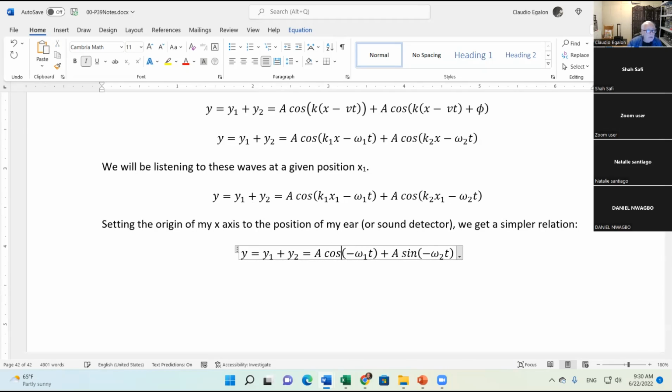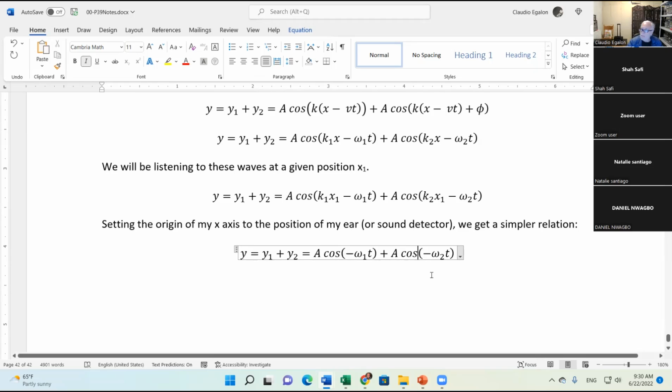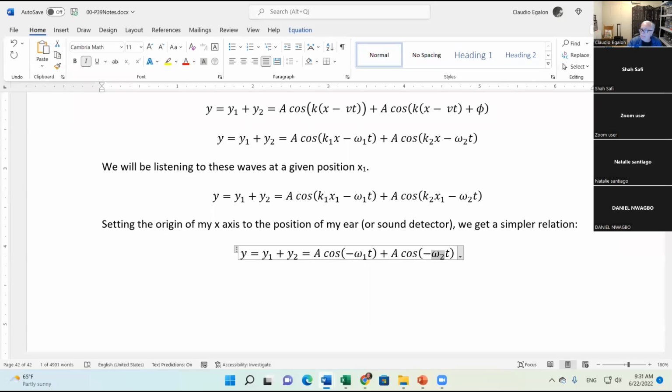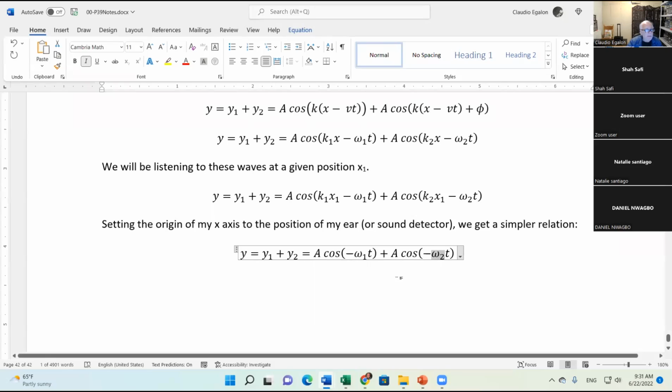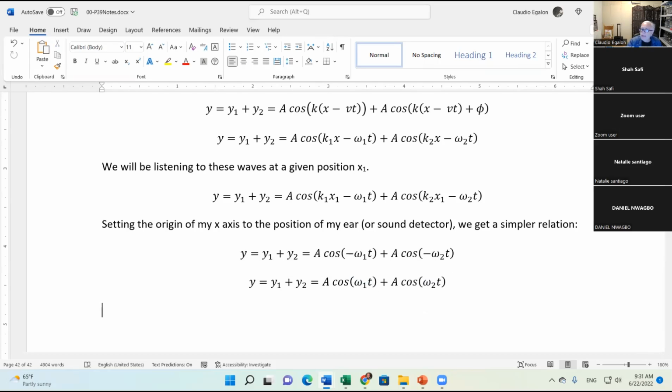We get this relationship here. Don't forget this omega is a function of the frequency, right? 2 pi f, 2 pi f1, 2 pi f2. We can eliminate the negative sign there because cosine of minus a is equal to cosine of a.